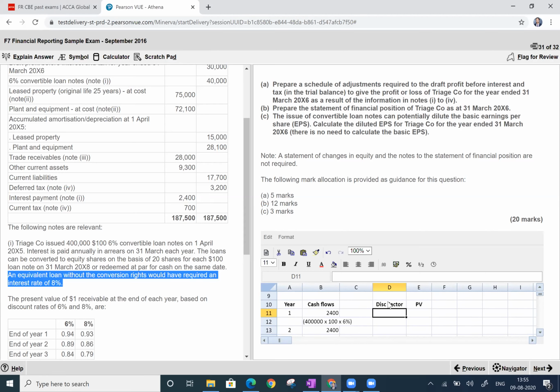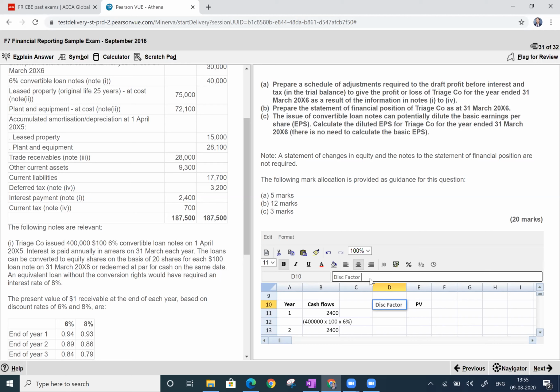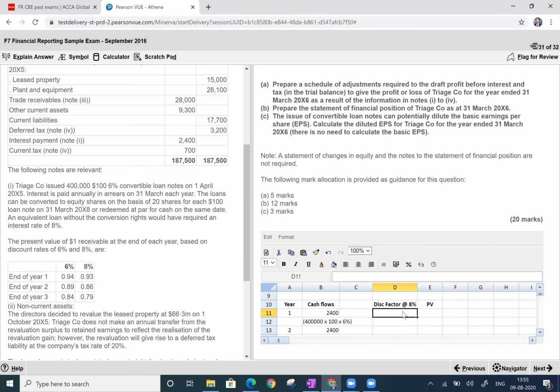So the discount factors at 8% are given: 0.93, 0.86, 0.79 and 0.79. Present value equals 2,400 multiplied by 0.93.